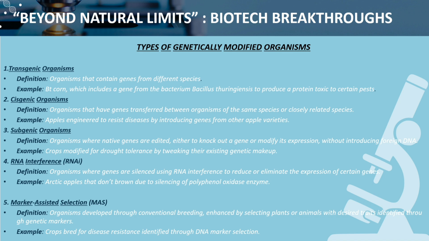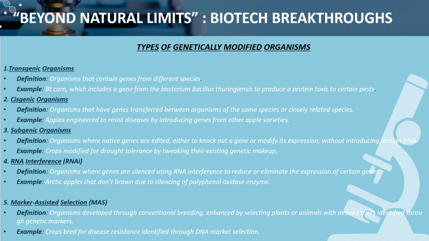For example, Arctic apples that don't brown due to silencing of the polyphenol oxidase enzyme, right? So basically, the gene which codes for this polyphenol oxidase gets silenced. Its expression gets silenced, and due to this, the gene will not be able to code this enzyme, and the apples will not get brown, right?